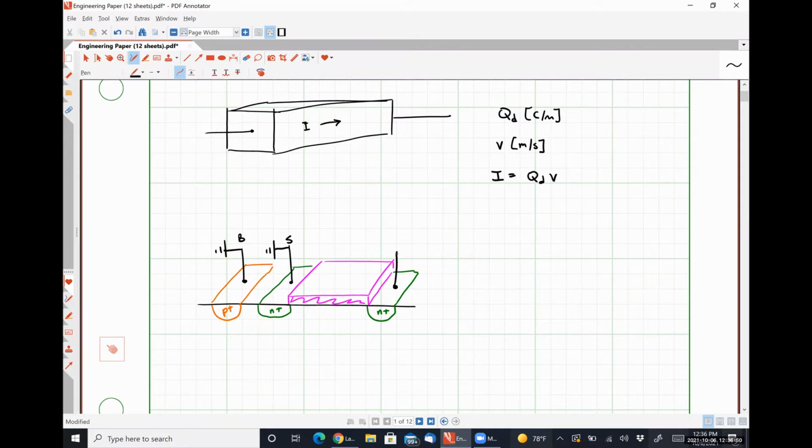Our drain terminal is at ground. Our gate terminal is at a voltage of VG exactly equal to the threshold voltage.